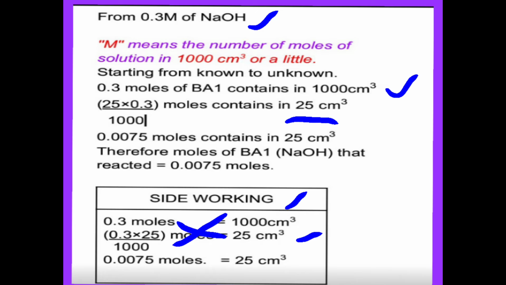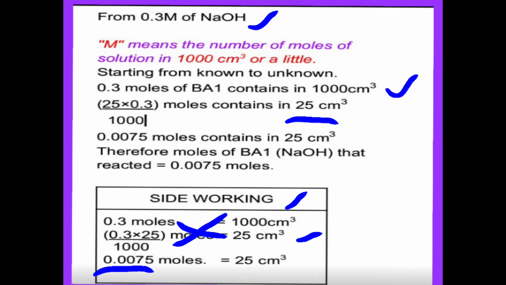So we come up with 25 times 0.3 divided by 1000, and the answer we get here is 0.0075. So therefore 25 cubic centimeters of Ba1 contain 0.0075 moles.